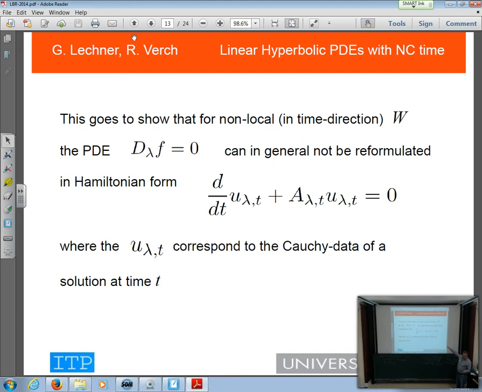Differential equations of that form can be solved under very, very general conditions on the A. So, for instance, if the A are non-local in these Cauchy data directions, that does not matter. I mean, you can characterize what kind of operators admit good solutions, regardless of whether they are local in the time direction.